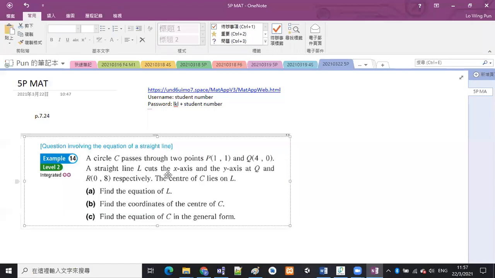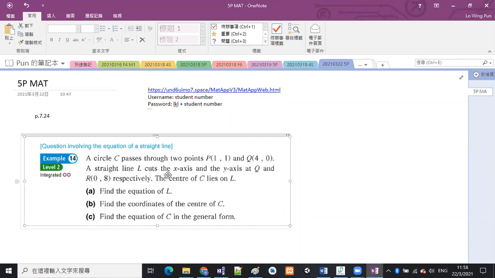Today, I will talk about a little bit more examples on finding equations of circles. But in today's example and exercise, apart from just finding the equation of circles, the problems in the exercise will involve techniques including the equation of straight lines, and maybe the distance formula or slope formula and so on.